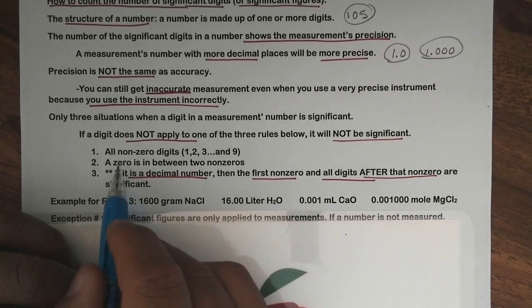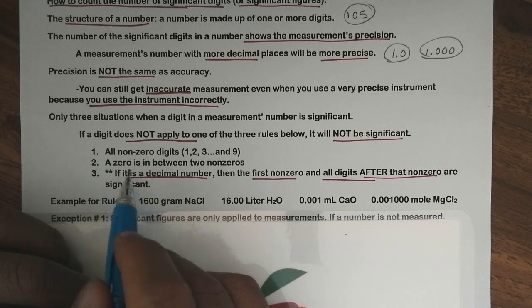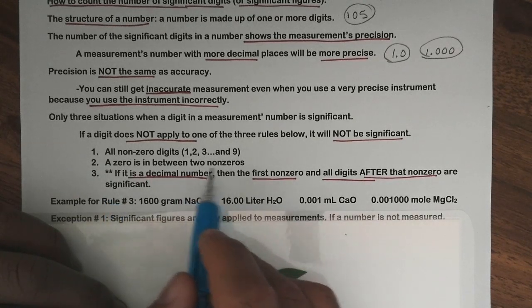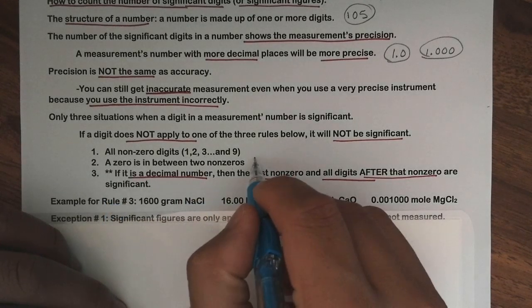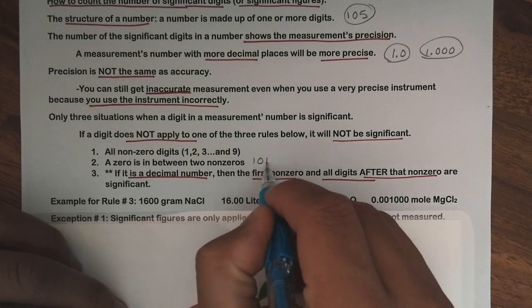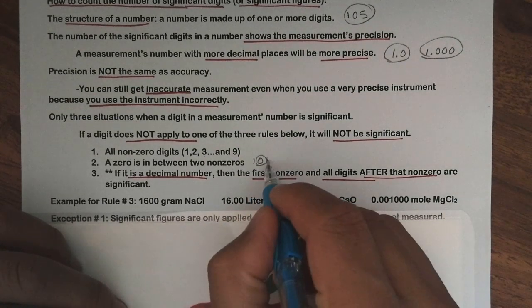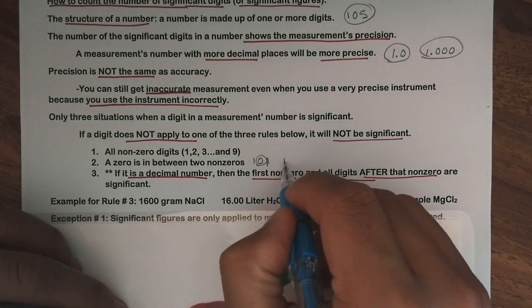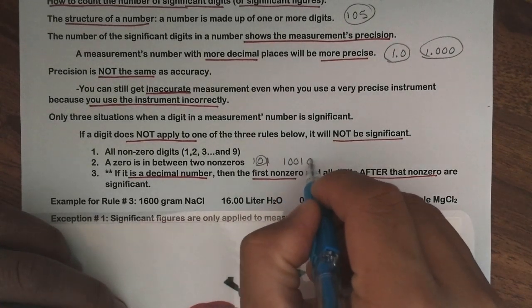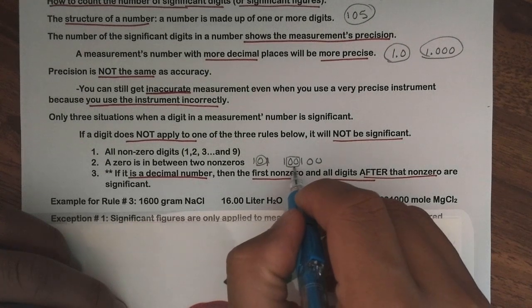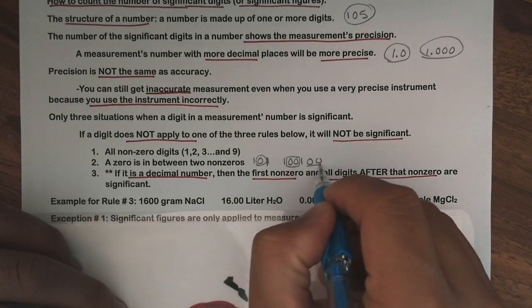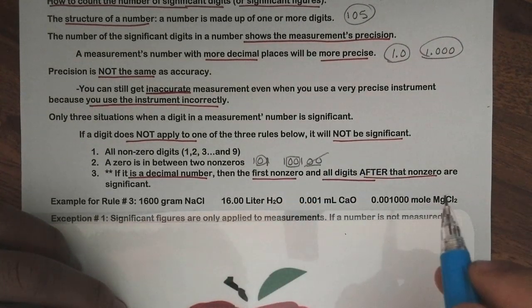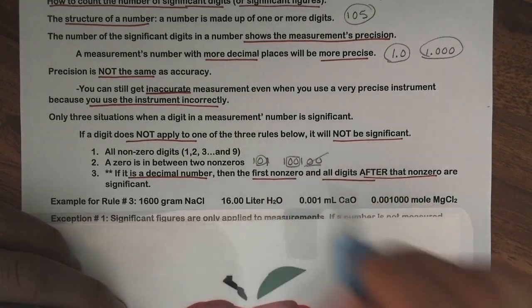The second rule: if you have a 0 that is in between 2 non-zeros, for example 1.01, this 0 is between the 2 non-zeros, so it is significant. If I have 1.00100, these 2 zeros right here are significant, but these 2 right here are not, because they are not in between 2 non-zeros.